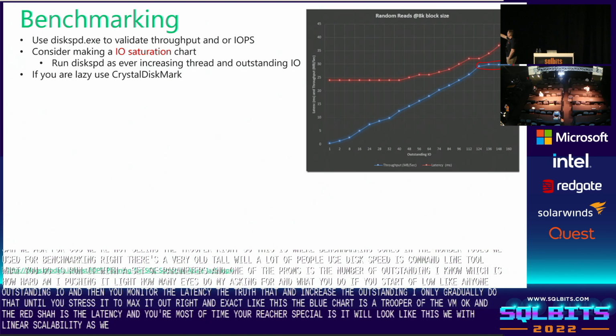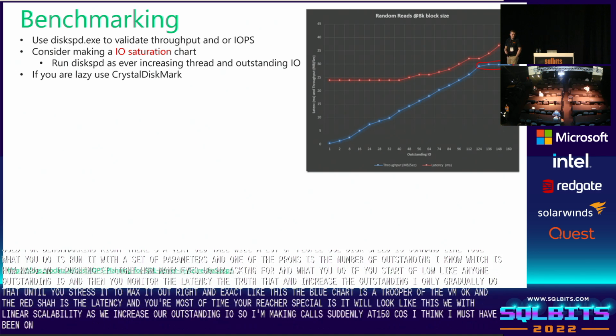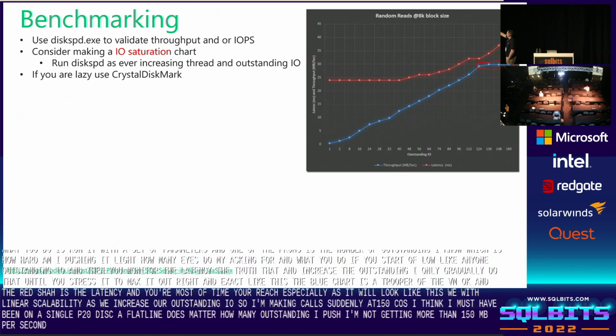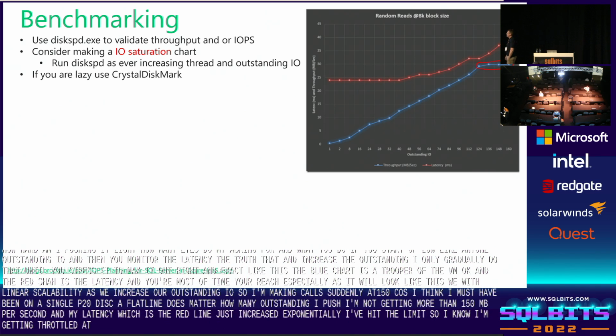As we increase our outstanding I/O, so I'm making calls, suddenly at 150, because I think I must have been on a single P20 disk, a flat line. Doesn't matter how many outstanding I/O I push, I'm not getting more than 150 megabytes per second, and my latency, which is the red line, just increases exponentially. I've hit the limit, so I now know I'm getting throttled at 150 megabytes per second.